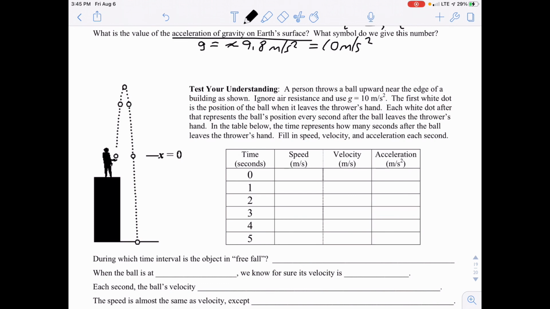In the table below, the time represents how many seconds after each ball leaves the thrower's hand. Fill in the speed, velocity, and acceleration for each one. Okay, so I want you to pause the video, give it a try, see what you think you can come up with, and we will begin.